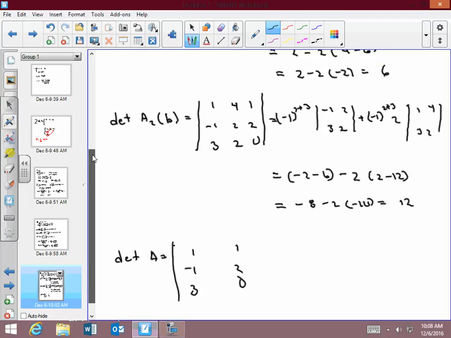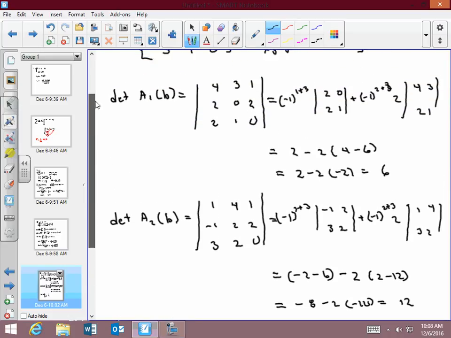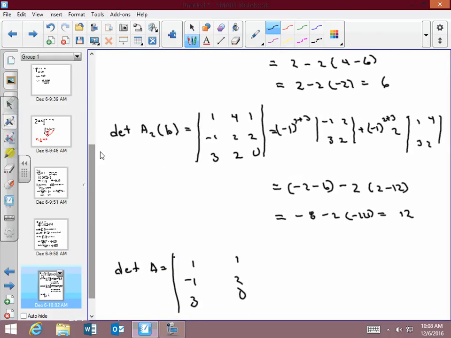What's that middle one? 3, 0, 1. We can go down that third column. It's a minus 1, 3. And that's a cofactor, minus 1, 0.